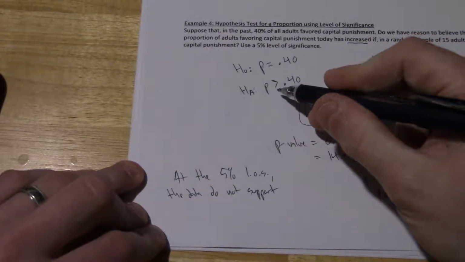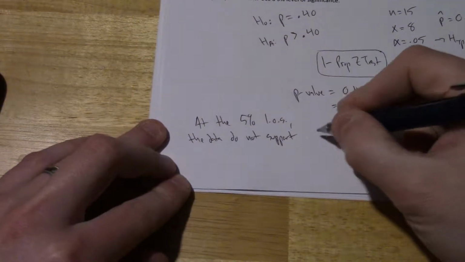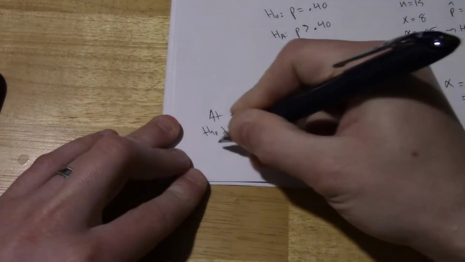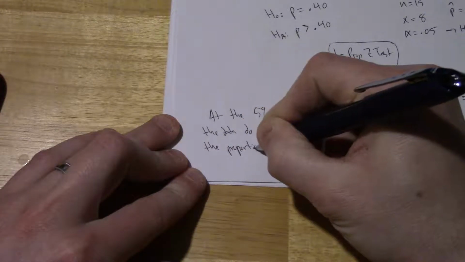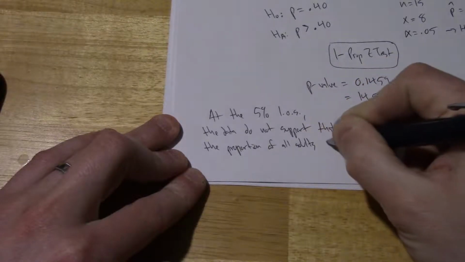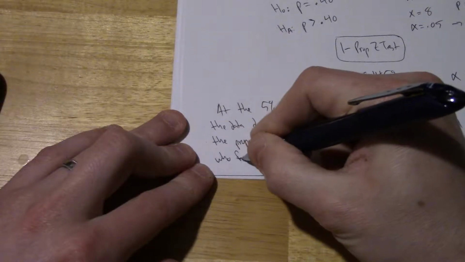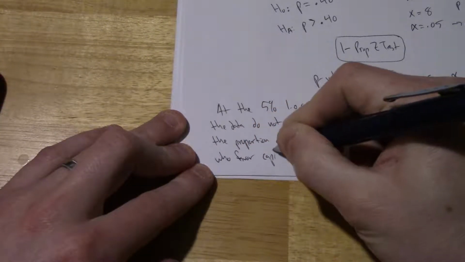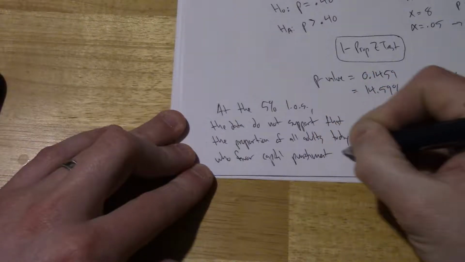The data do not support that P is larger than 0.4, so the data do not support that the proportion of all adults today who favor capital punishment has increased.